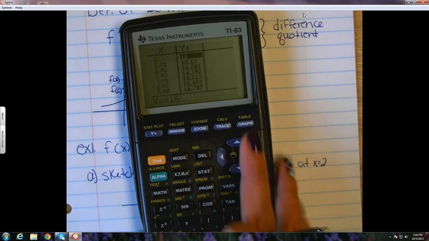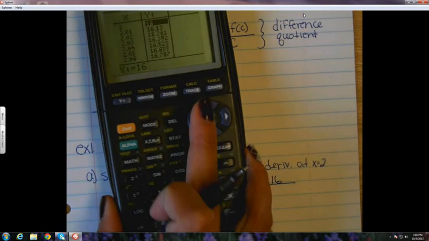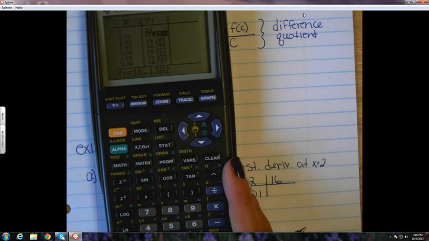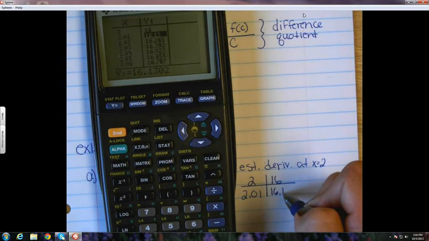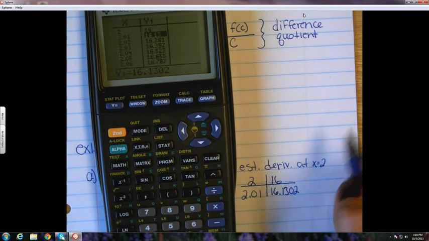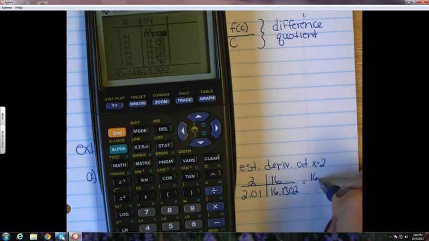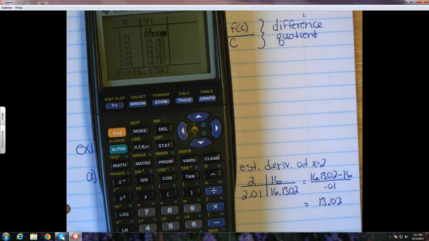So at 2, the graph is up at 16. And then at 2.01, it's at 16.1302. So now my derivative, change in y, 16.1302 minus 16. Change in x is 0.01. It's going to give me 13.02. So that was our estimate stuff.